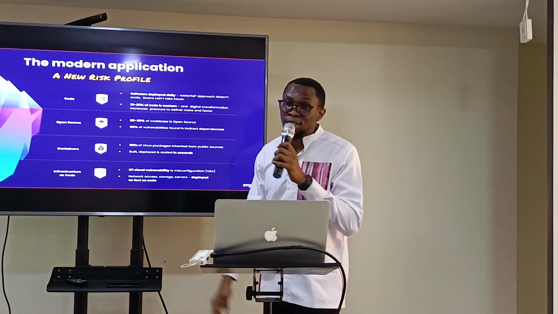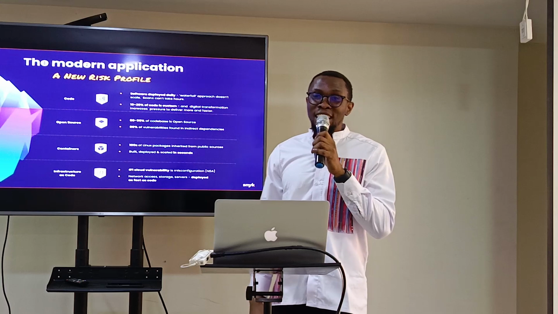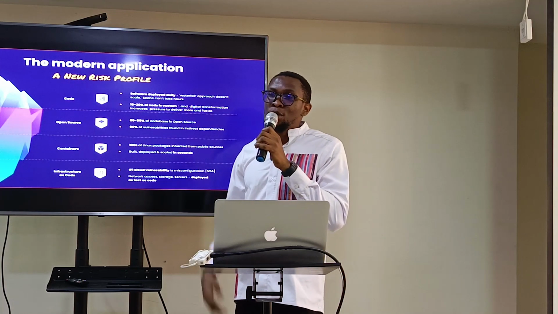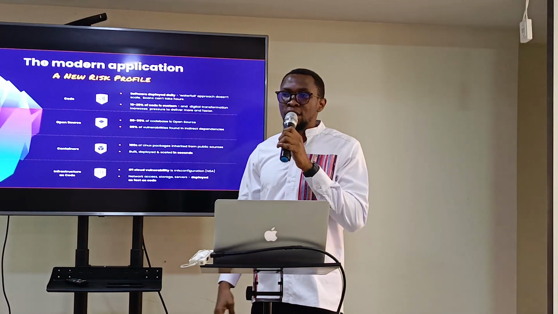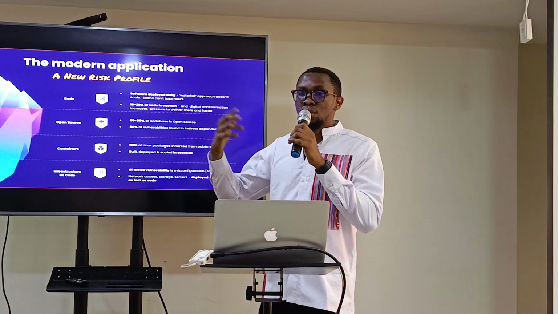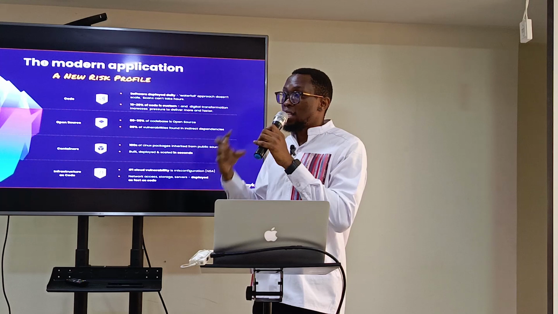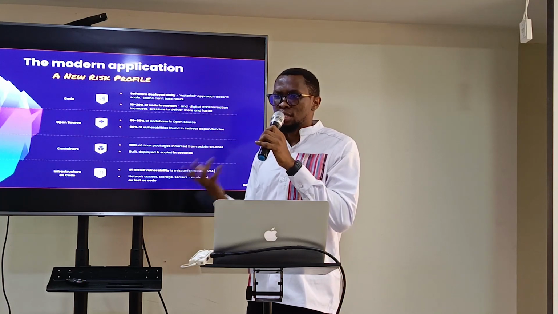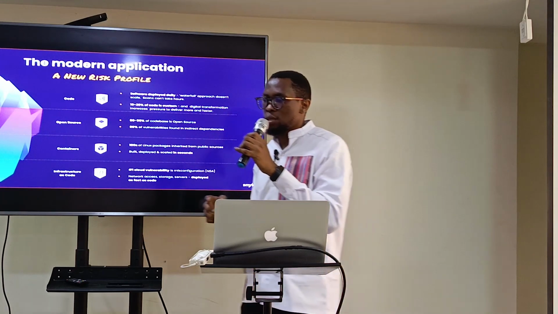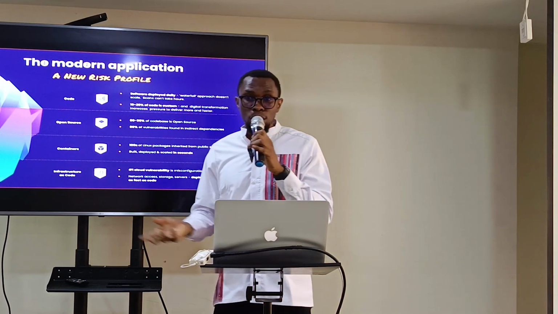open source. Open source is a pain, really. I say this all the time, because when you run open source software and your organization is one that tries to manage or has a good system for managing vulnerabilities, what happens when today you're running the system and the application works fine?